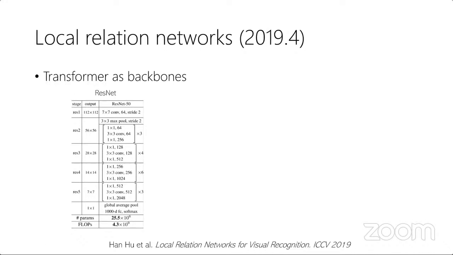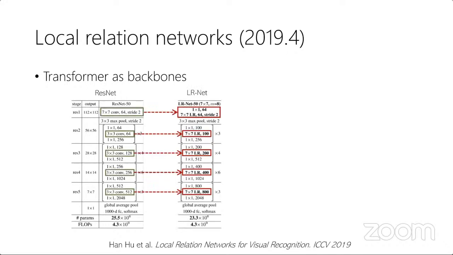The first attempt was made in 2019. The most popular backbone network in computer vision was ResNet at the time. We replaced all convolution layers in ResNet with transformer layers, maintaining the same computation complexity. The resulting network is called local relation networks.